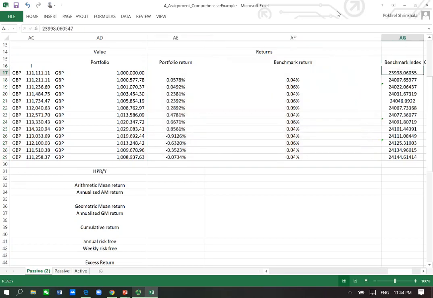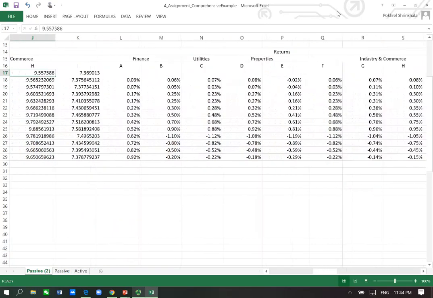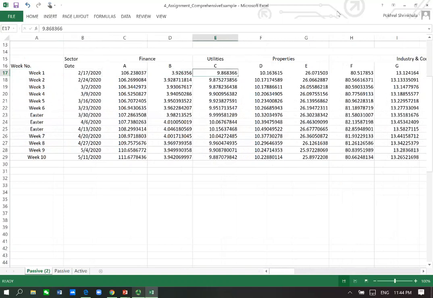Remember, the benchmark index could be the value of the index from the market, such as FTSE 100, FTSE 350, or if it is global, then S&P Global 1200, and so on. Whereas this is my portfolio value, which I have calculated. Of course, the share price should be downloaded, and this is something that can be done through Yahoo Finance as well.